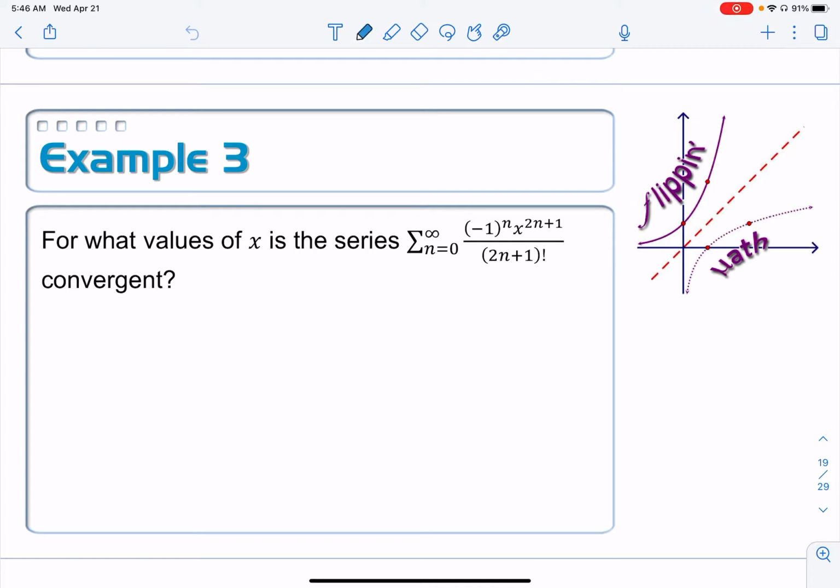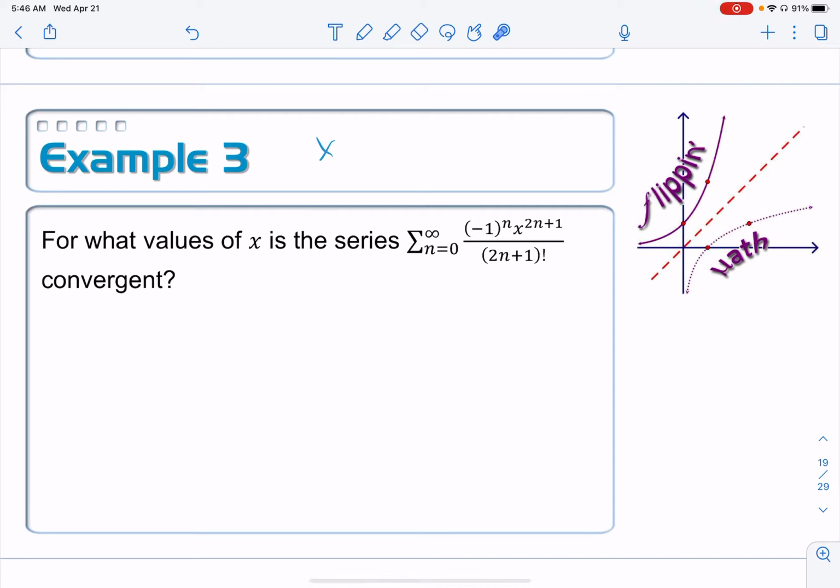Well, here, let's just start plugging numbers in. Let's see what this thing looks like. If I plug in a 0, (-1)^0 goes to 1. 2 times 0 is 0, plus 1 is just the first power, so it's x to the first power over 1 factorial. 1 factorial is just 1, so you can rewrite that as just x.